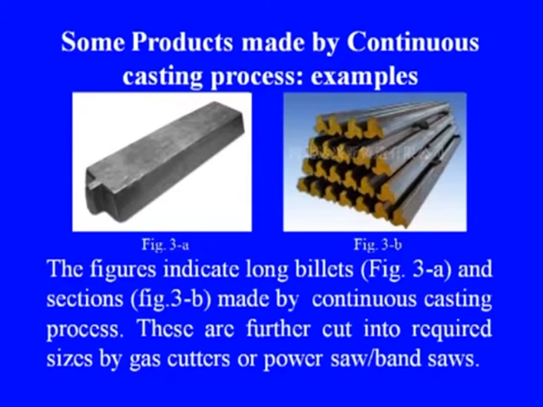Some of the products made by continuous casting process are like this. These are further cut into required shapes or size by gas cutters or power saws or band saws.